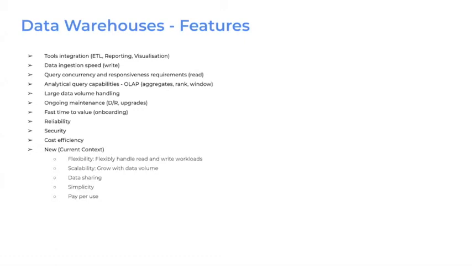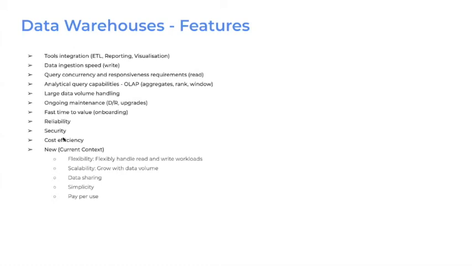So warehouses are expected to deliver on the right capabilities at a certain expected throughput. Same is true on the read side. On the read side, there is an expectation both from responsiveness as well as concurrency. In certain situations, there are needs from the point of view of additional query capabilities with respect to aggregates, ranking, window operations, things like that.